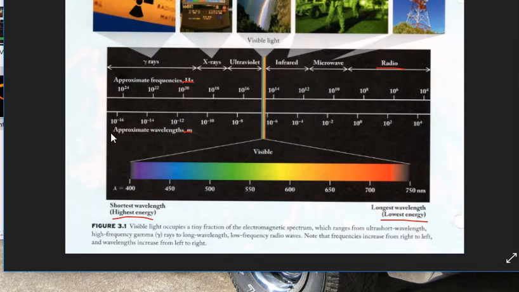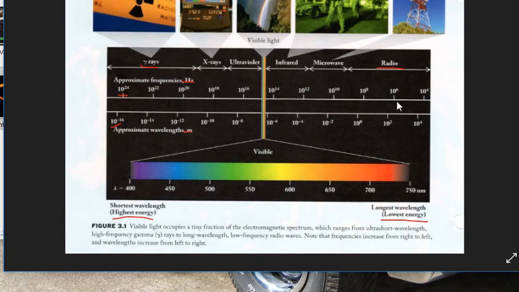They also have a really, really small wavelength. It's 10 to the negative 16 meters. It's actually called an attometer, but because it's simpler to say 10 to the negative 16 meters, we'll stick with that. What I'd like you to notice is that gamma rays have a very high frequency, a very short wavelength, and a very high energy.